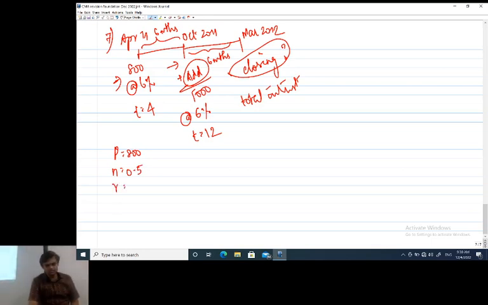R is 6%, T is 4. So when I substitute, what is the amount? Amount is 800 into 1 plus 6 by 400, the whole power 4 into 0.5. You getting it?